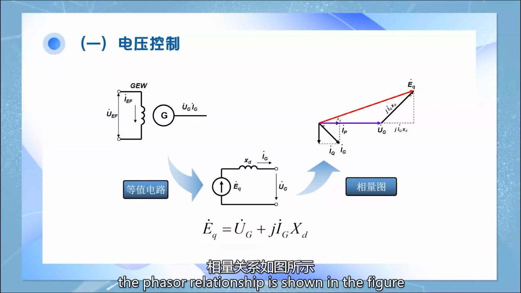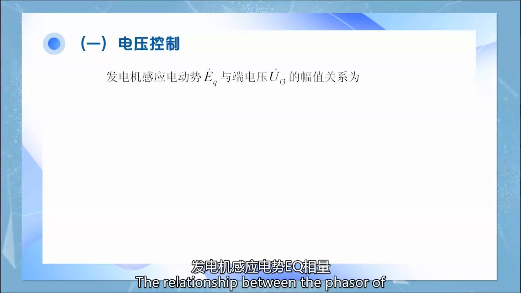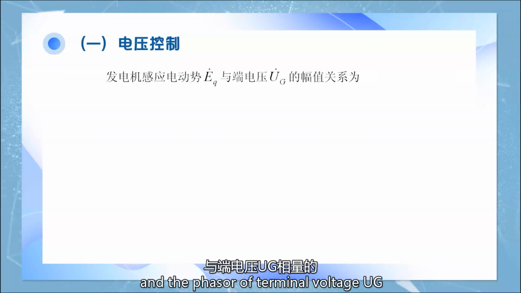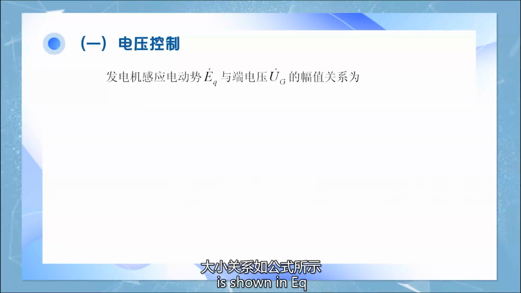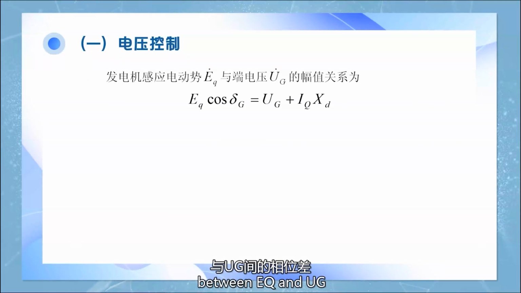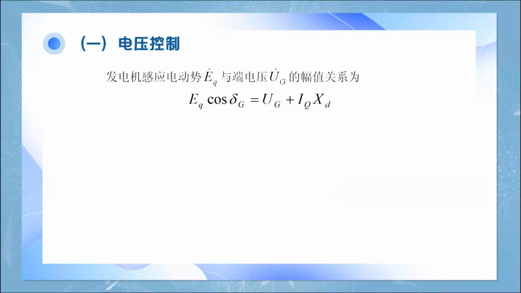The phasor relationship is shown in the figure. The relationship between the phasor of generator induced potential EQ and the phasor of terminal voltage UG is shown in the figure. Delta is the phase difference between EQ and UG, that is, the power angle of the generator.